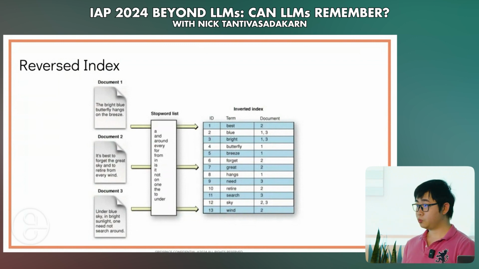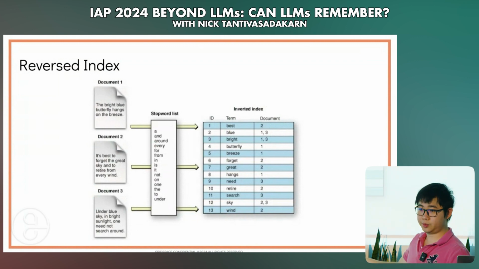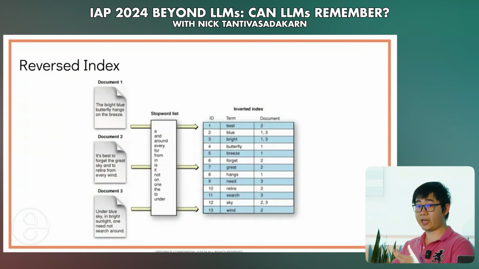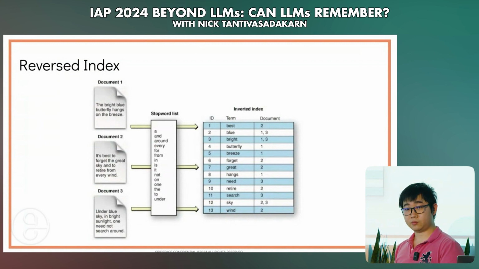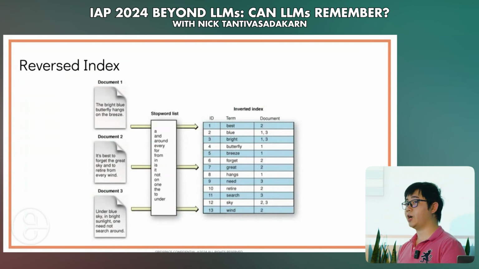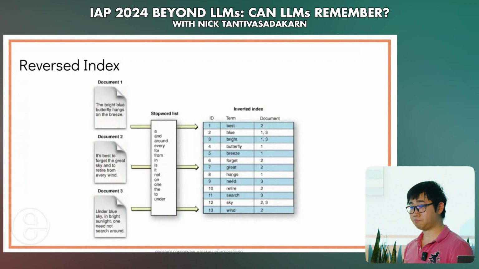A reverse index is where we have a bunch of terms, and then we map them to where they appear in each of the documents. Using some fancy indexing, we're able to chain these together and actually search for phrases. You could go a step further by saying, I not only want to search the terms, but I also want synonyms. You could have a list of synonyms and match the two of them.